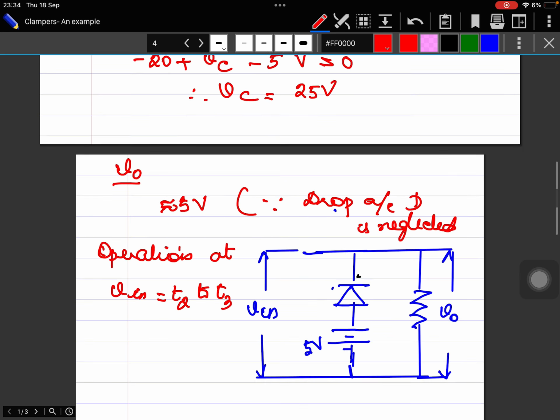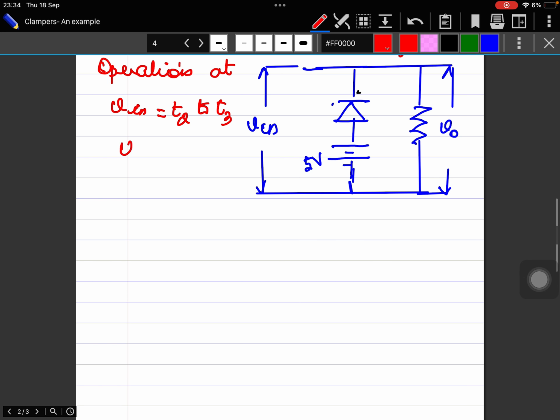And what will happen to the diode D? This input voltage of plus 10 volts is connected across the cathode, and the anode voltage is at 5 volts. The diode is now off.